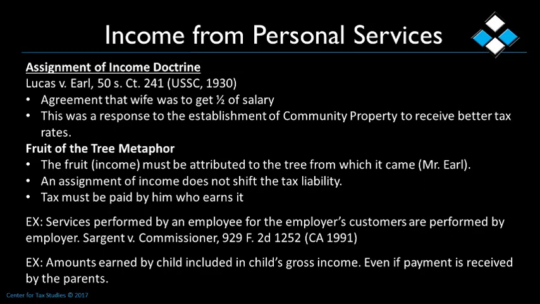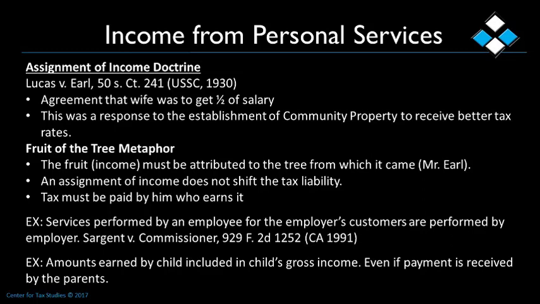This was an attempt by Mr. Earl and his wife to establish community property rules among themselves. That's because in community property, both parties in a marriage are treated as receiving 1/2 of the income of the other spouse.